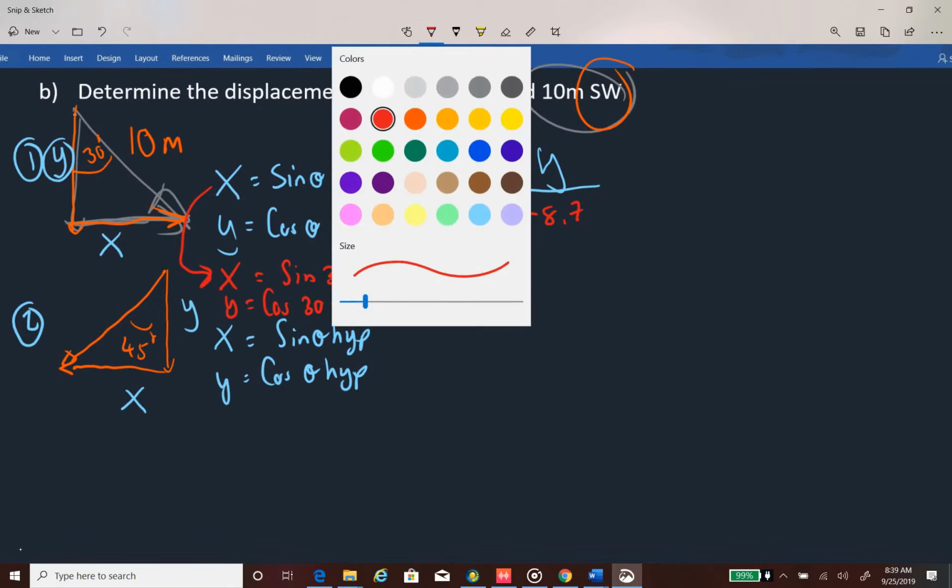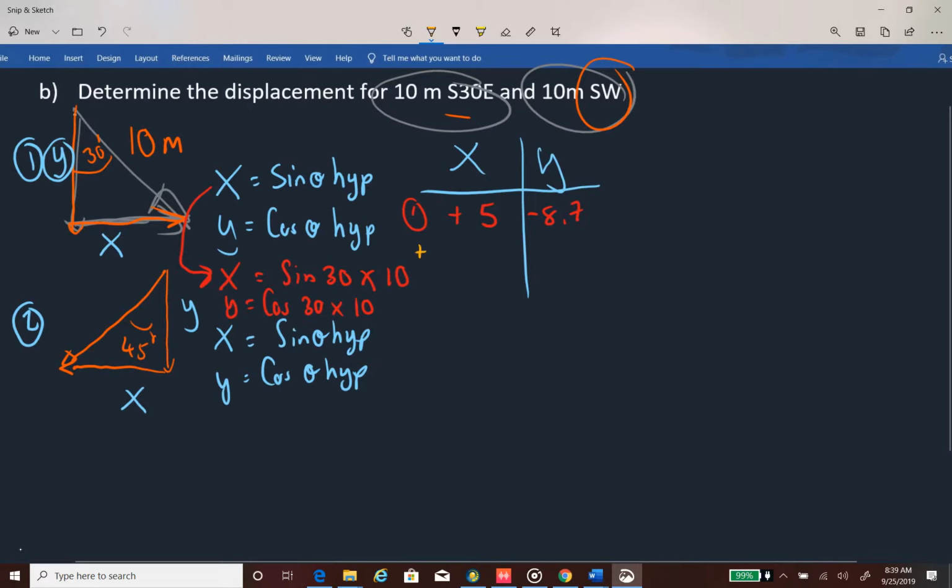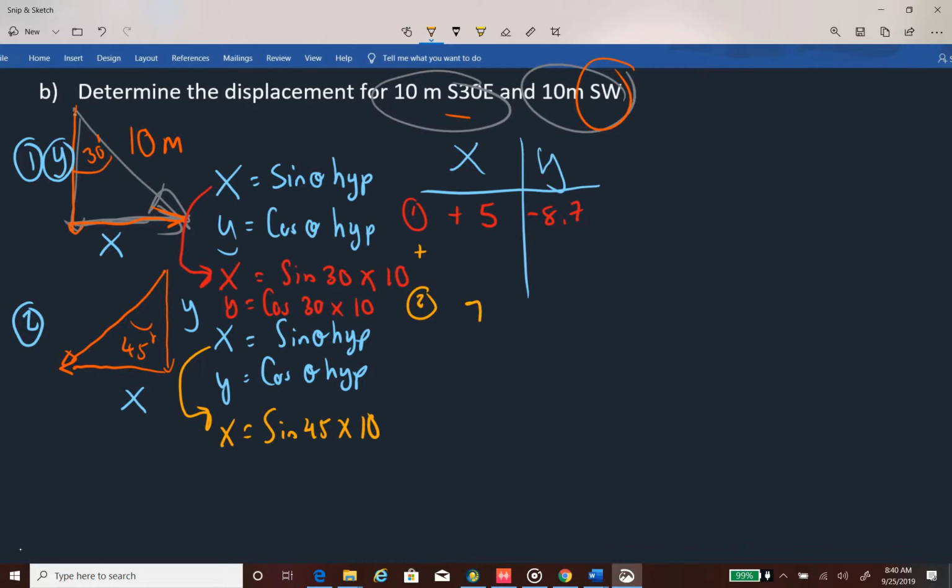Now we can look at the second vector. The x is sine theta times my hypotenuse, so sine 45 times 10, and that's going to be 7.1.